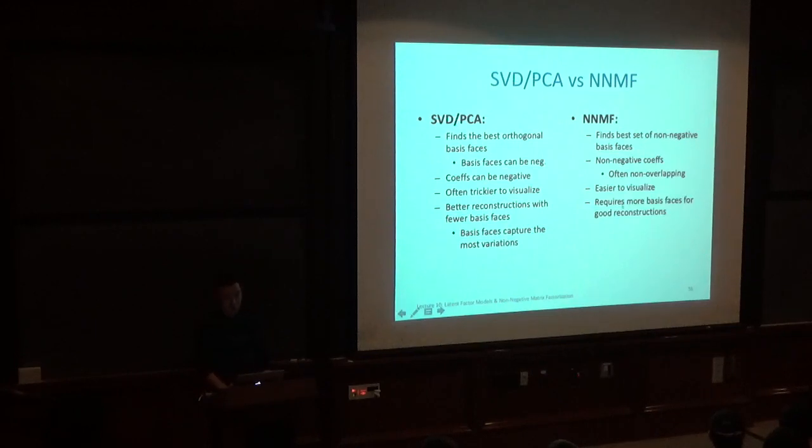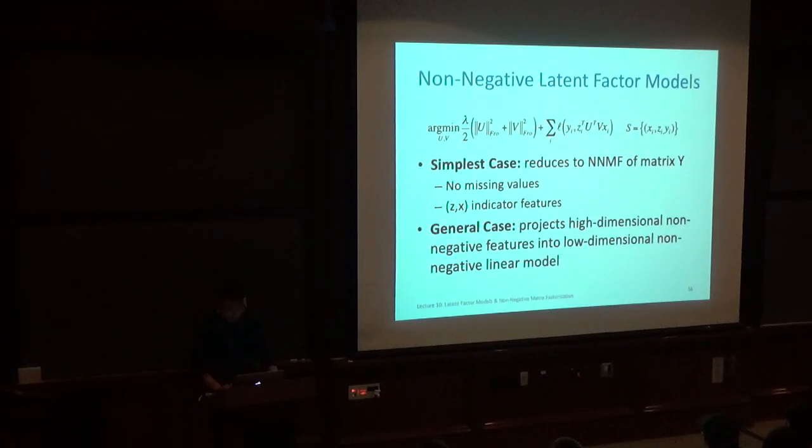And so you typically require more bases in non-negative matrix factorization, so a higher rank solution, in order to get a good reconstruction. And I just wrote here a general case where we have features on z and x of the two dimensions instead of just the y, but otherwise it looks exactly the same.